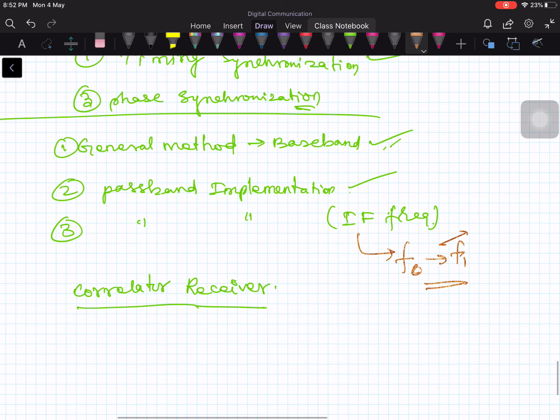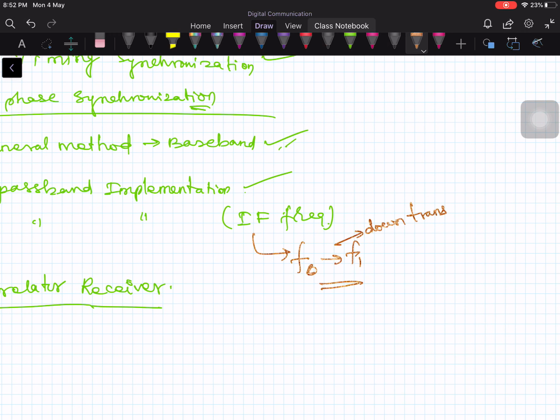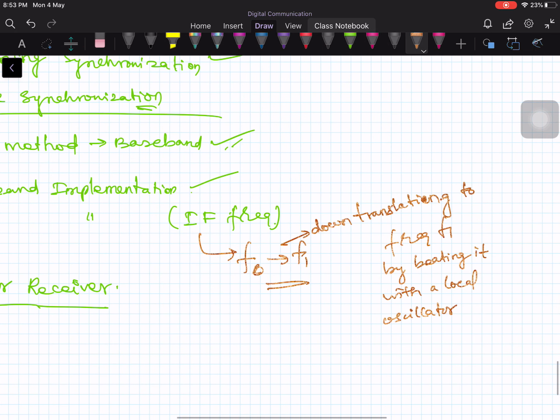So you are down translating, beating with the local oscillator frequency of f0 minus f1.